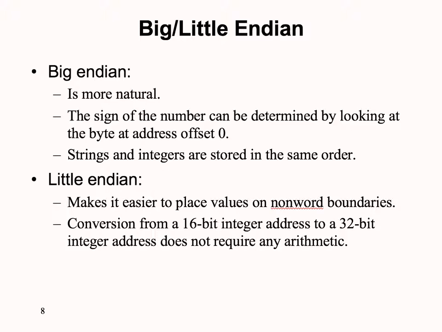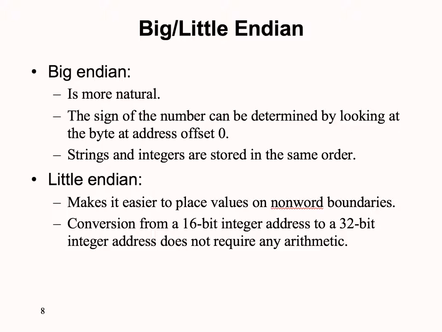So we can see there's a difference between big and little endian representation. Basically, big endian is more natural to most people, which makes it easier to read in hexadecimal. Also, by having the high-order byte come first, you can always test whether a number is positive or negative by looking at the byte at offset 0.